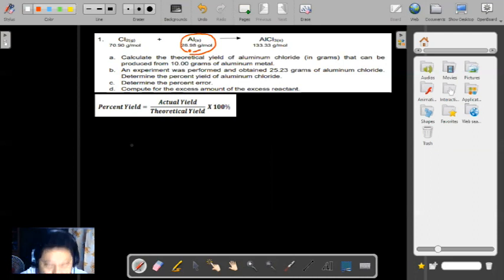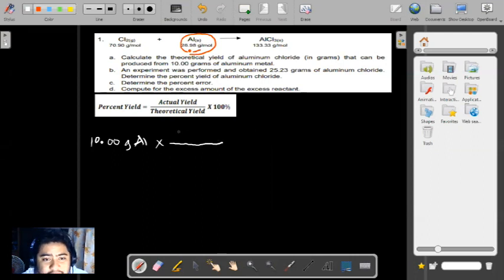So the given was about 10.00 grams of Al times. So let's determine the molar mass. So from the molar mass given sa taas, ayan.